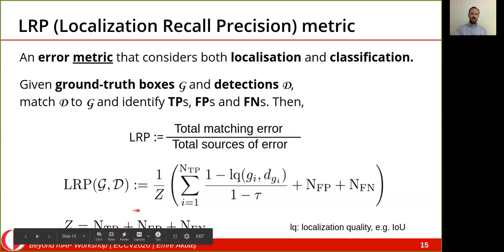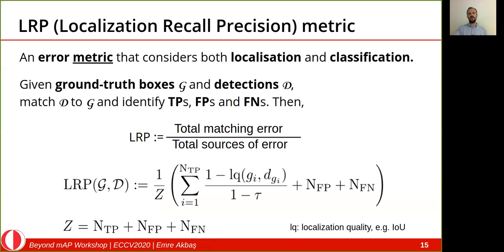And let's take a moment to understand how this expression Z calculates the total maximum possible error. So given the detections D and ground truth G, what could be the worst case? The worst case could be when there are no matches, right?